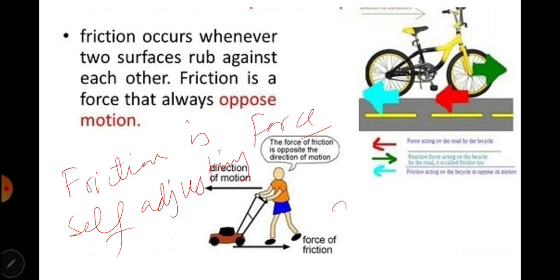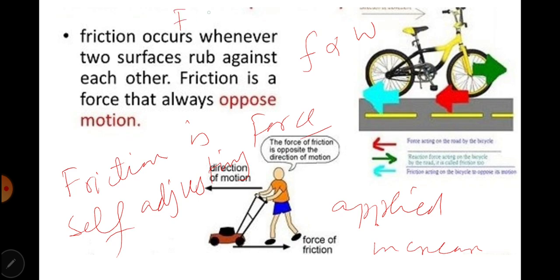So if you increase the applied force, the force of friction also increases. The force of friction is directly proportional to the weight of an object, directly proportional to the normal reaction.